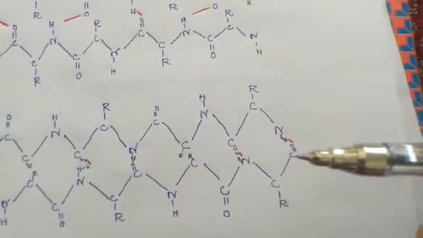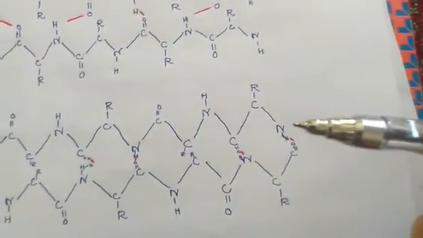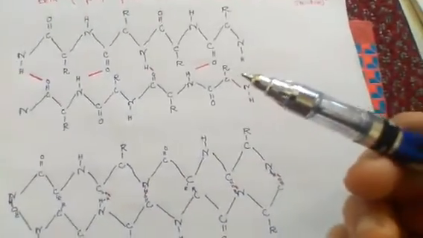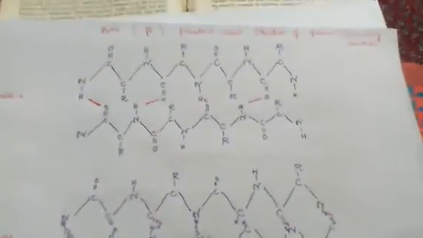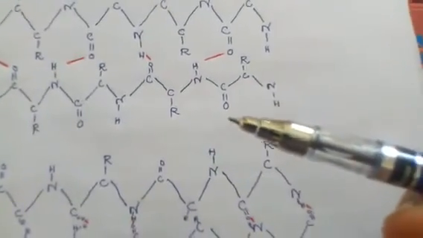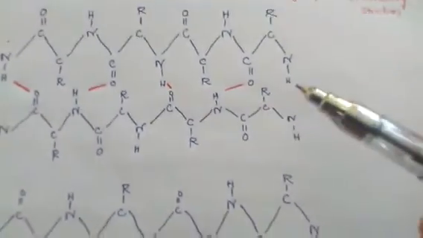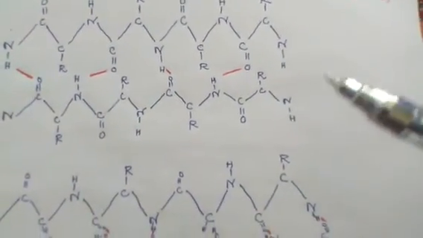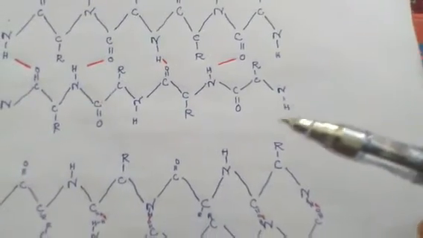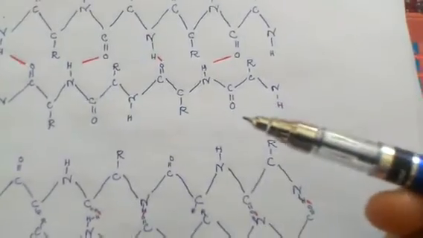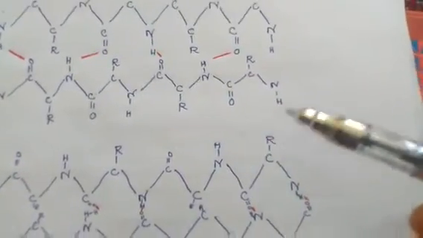When the N terminus of successive strands are oriented in the same direction, the C terminus and the N terminus are on the same side for both segments.